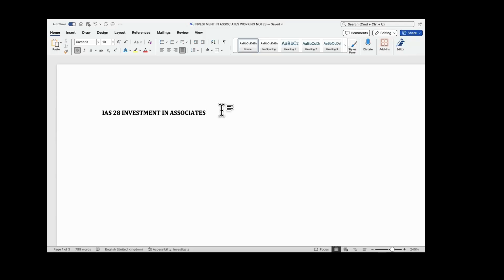And the popular item that is typically cancelled out is the transaction that gave birth to the consolidation itself, which is the investment in the subsidiary. That we usually cancel it out with the equity of the subsidiary.